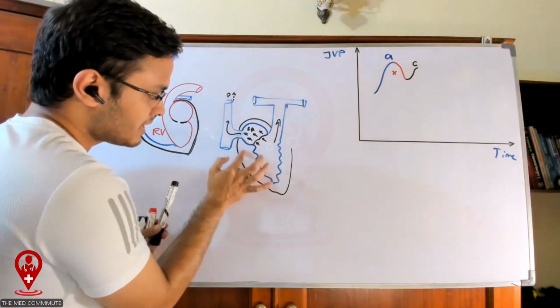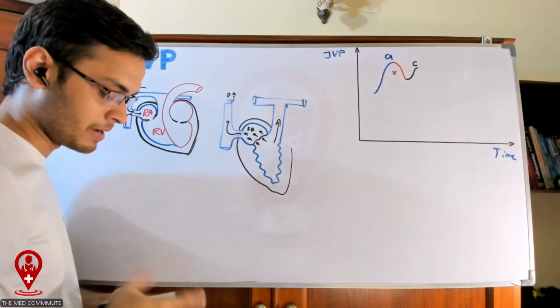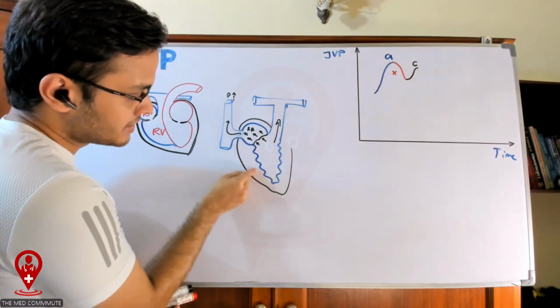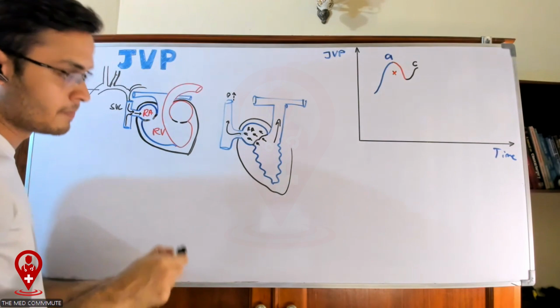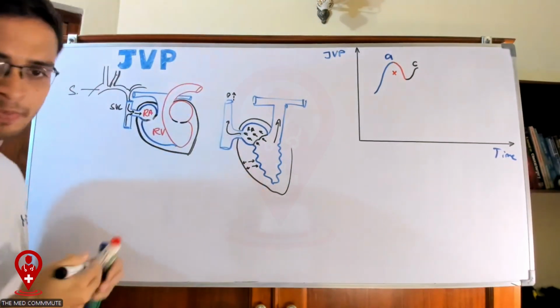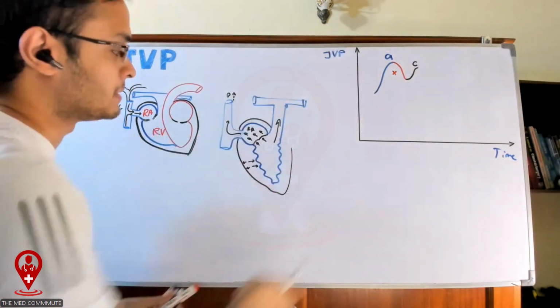So this will create a pocket of space. Whenever the ventricular myocardium is contracting, it creates a pocket of space here between the pericardium and the ventricular wall. When this space increases, guys, now we are coming to our next wave in the JVP.